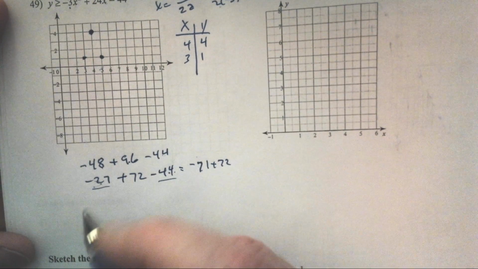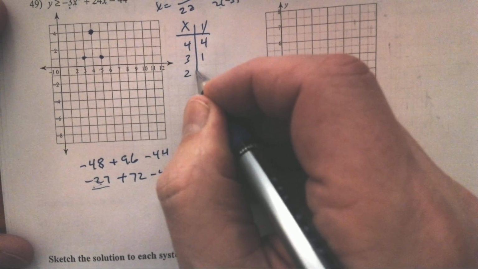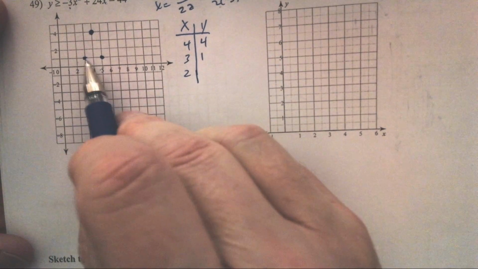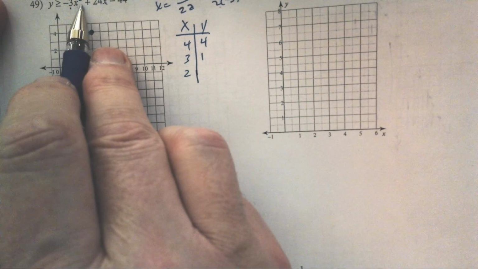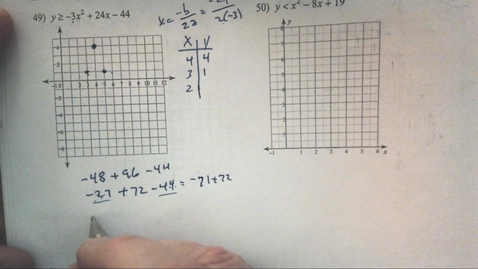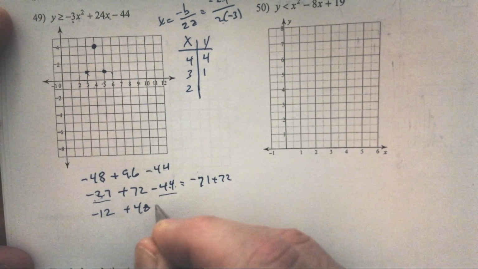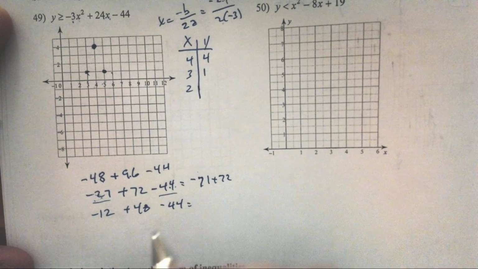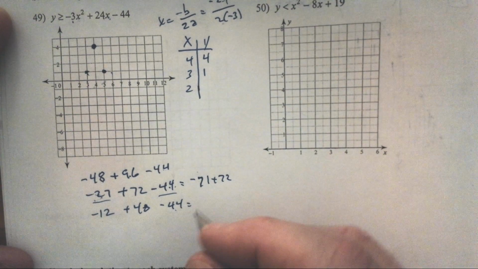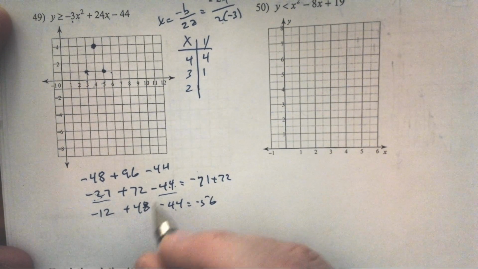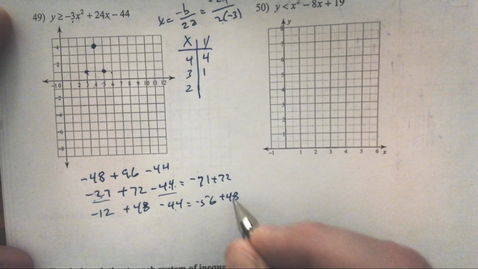Okay, I'm going to jump to 2. When I put in 2, same as putting in 6, I get 4 times negative 3, negative 12, plus 2 times 24, 48, minus 44. I get my total negatives, negative 56, plus 48.